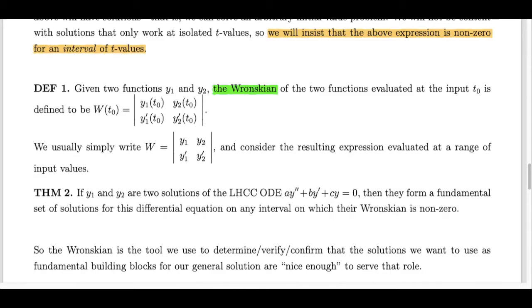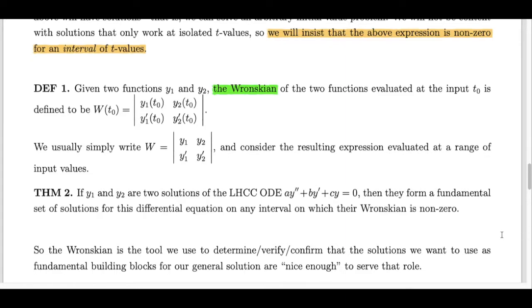Theorem 2 here summarizes what I've been saying. If y1 and y2 are two solutions of the LHCC ODE a y double prime plus b y prime plus c y equals 0, then those two functions, y1 and y2, form a fundamental set of solutions for this differential equation on any interval on which their Wronskian is non-zero.